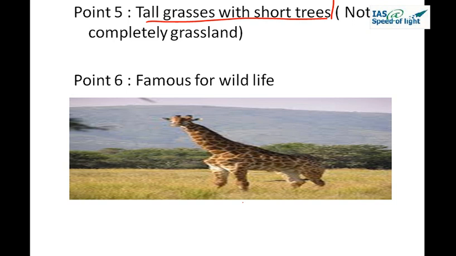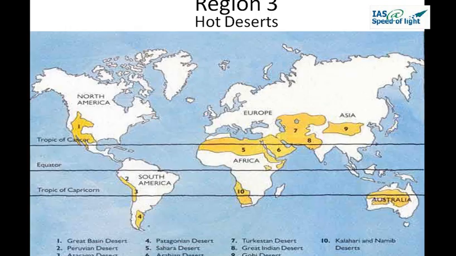After the savanna, now we are going to move to the deserts. These are the hot deserts of the trade winds belt. These are the markings of the great deserts. Starting from here, in North America, we have the Mojave Desert.